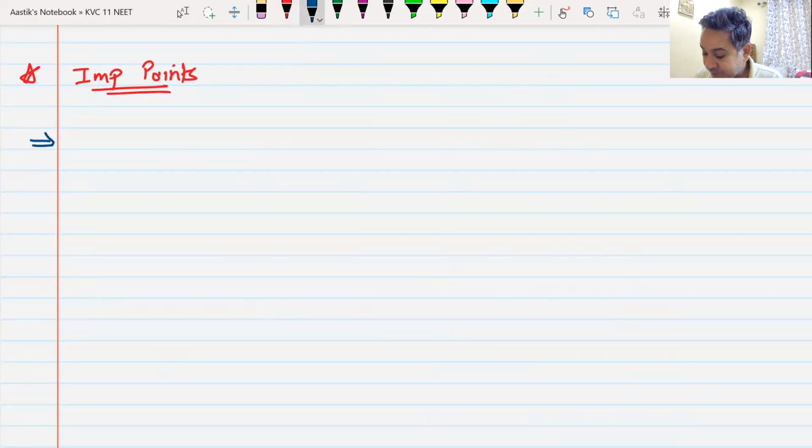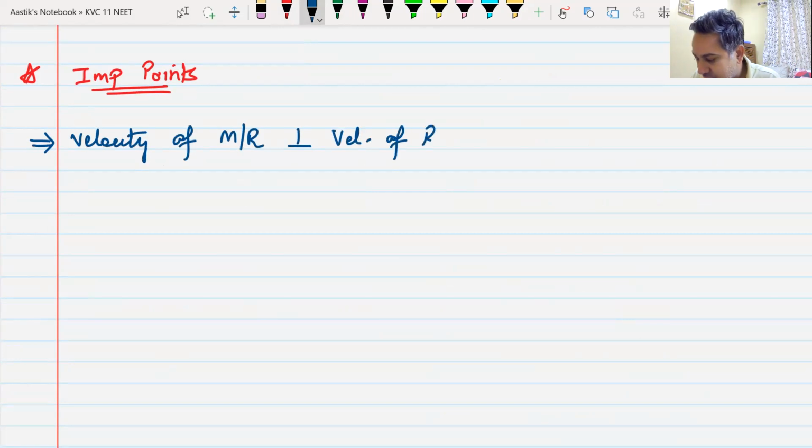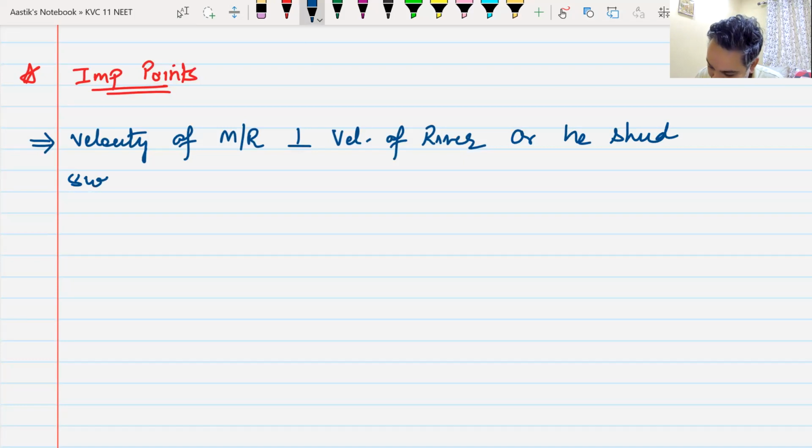The important points that you must remember. Point number one, the velocity of man with respect to river should be perpendicular to the velocity of river. Or in other words, he should swim perpendicular to the river to cross the river in the shortest possible time.